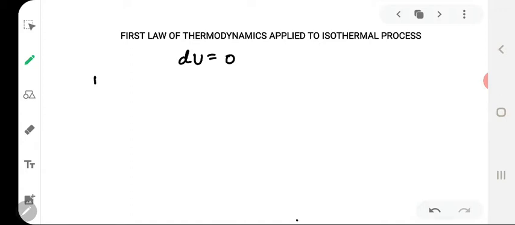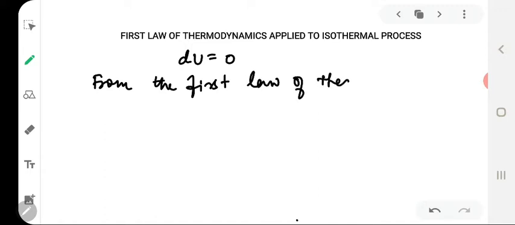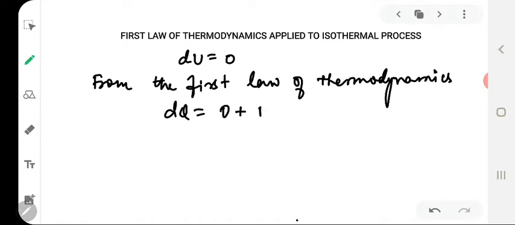So, from the first law of thermodynamics, we have dQ equal to 0 plus PdV, or dQ equal to PdV.